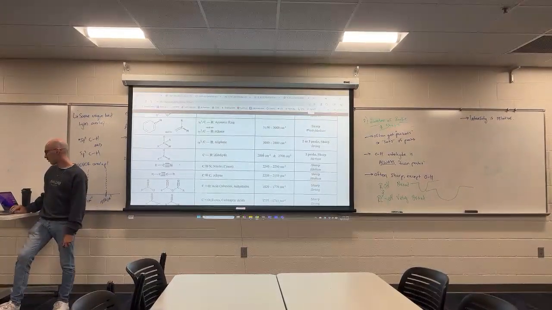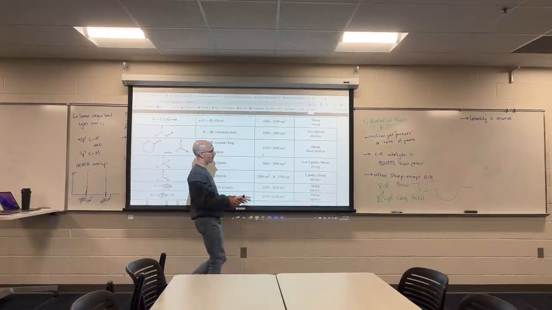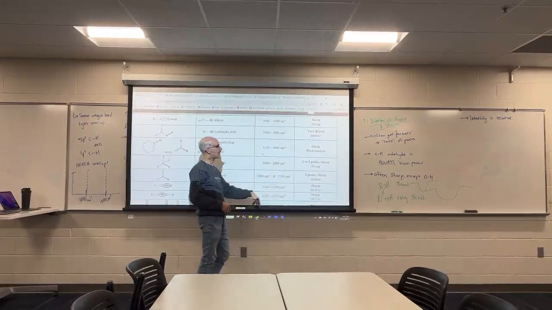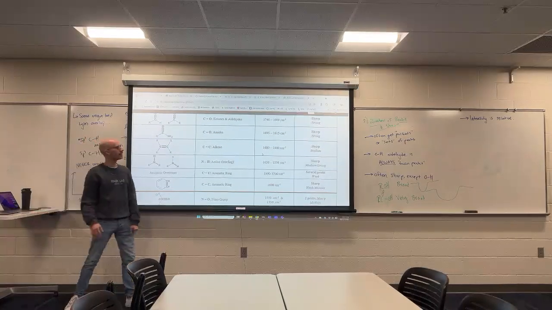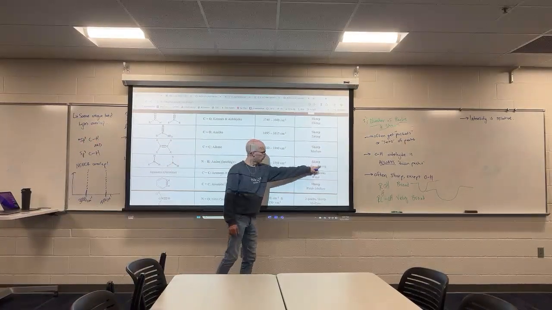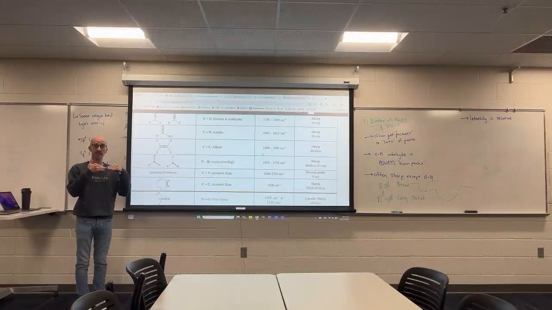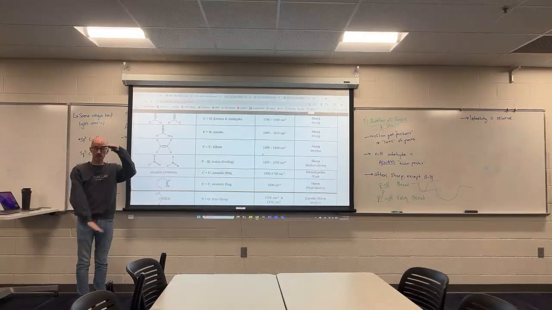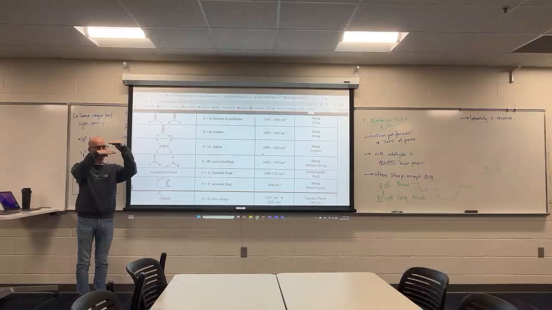You'll notice on the correlation table that some of these signals are listed as weak to medium, medium to strong, weak to medium. That is to say, does this signal absorb very well and it goes strongly all the way to the bottom, or does it not absorb light very well? And so its signal is rather weak and it's short.